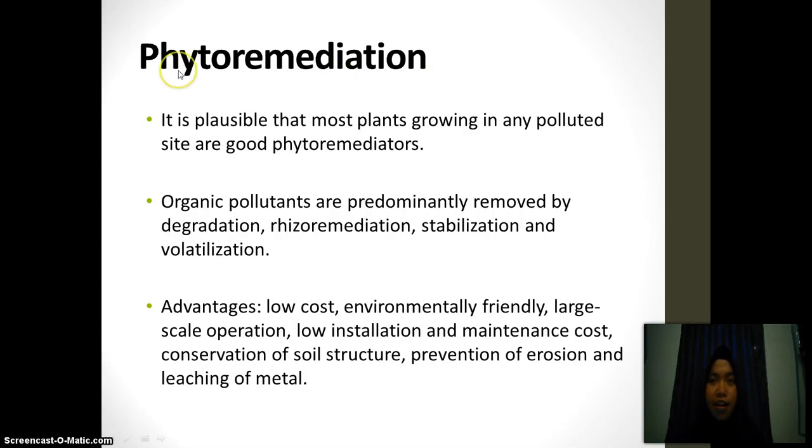Okay. Next, phytoremediation. We know phytoremediation is bioremediation that uses plants. But there are three important points we should know. First, it is plausible that most plants growing in any polluted site are good phytoremediators. Phytoremediators are plants that can be used to do phytoremediation.